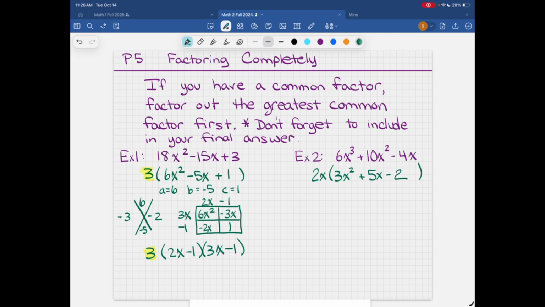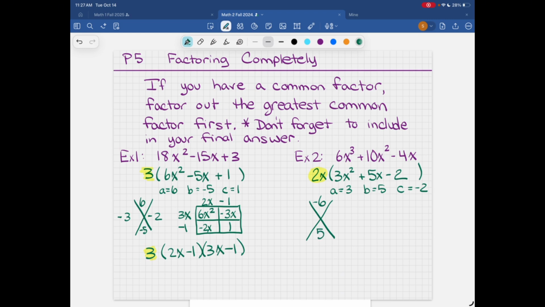So at this point, my common factor of all terms is 2x. Now I'm going to take 3x squared plus 5x minus 2, so a is 3, b is 5, and c is negative 2. I'm going to make my diamond. 3 times negative 2 is negative 6.